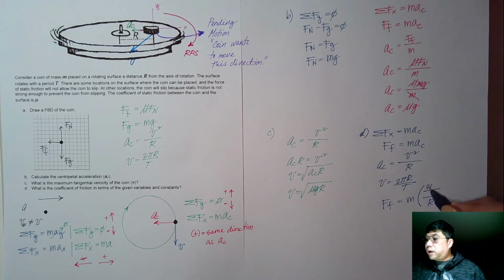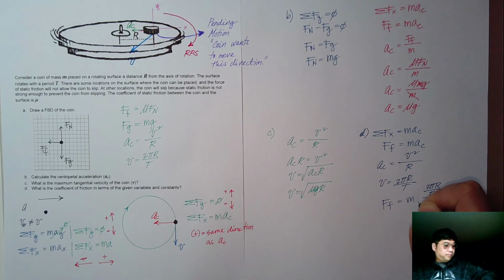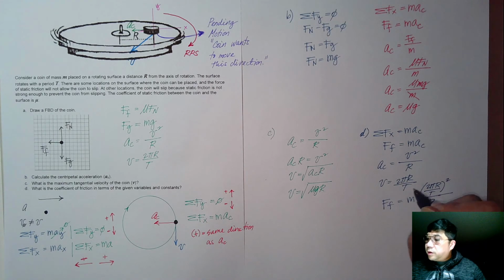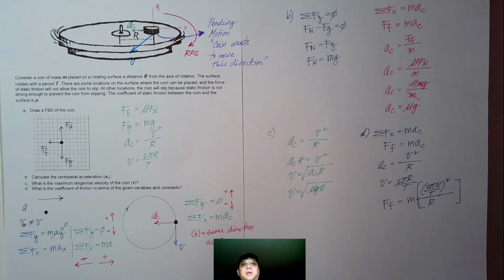So this is 2 pi r over t, and then you have to square the whole thing. So let me just change this parenthesis into a bracket. Let's use the parentheses for the inside variables. This is your square, and the whole thing is in your bracket.